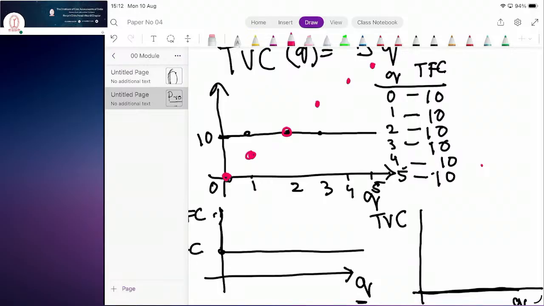Do you get a graph like this? Check that you're getting a graph like this.